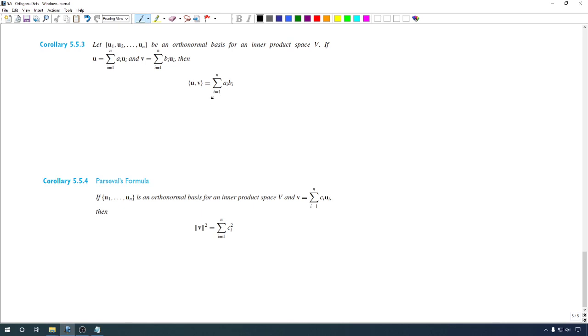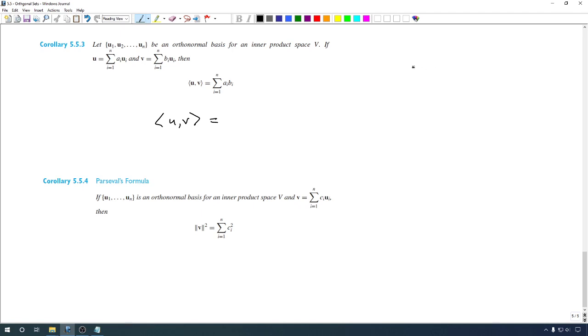This is, in fact, exactly the same format as the scalar product that we were using in Rn. So, in fact, we can write this out in coordinates.